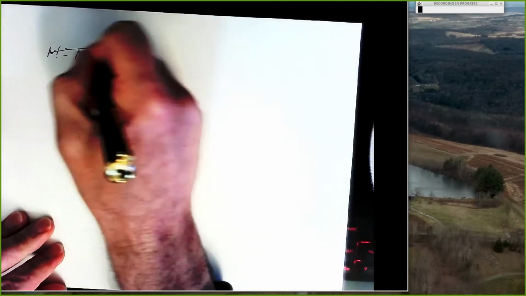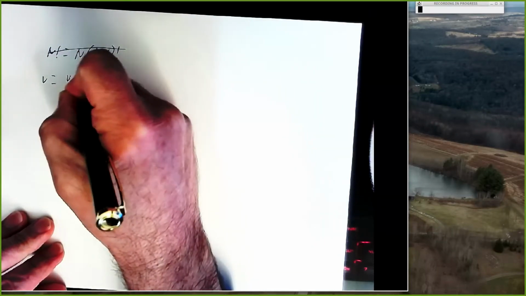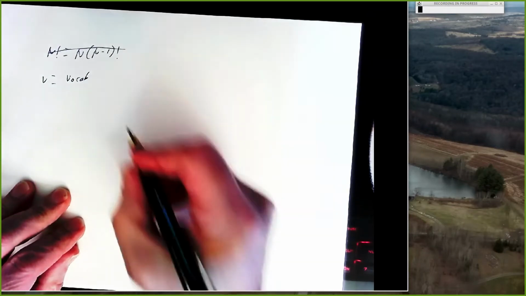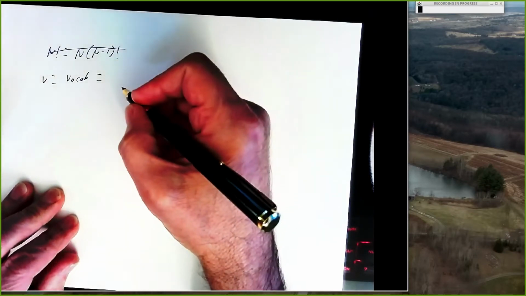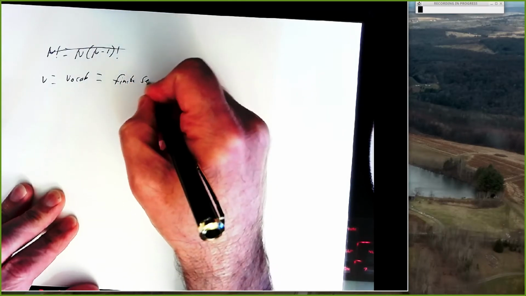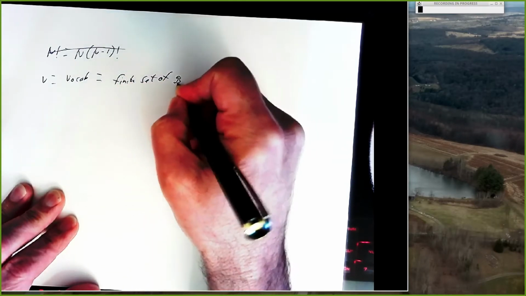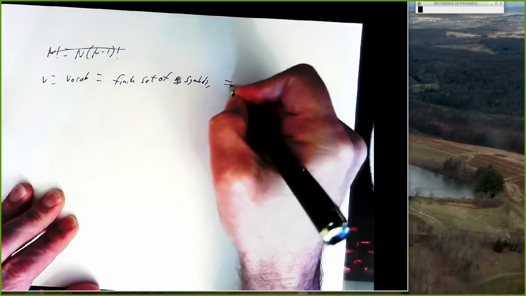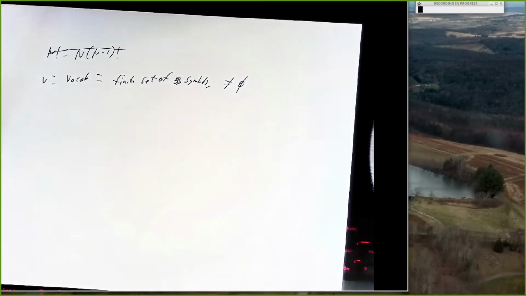So V is our vocabulary, equals a finite set of symbols, and it can't be empty, so it's not the empty set. So the vocabulary is a finite set of symbols. Think, for example, the letters A through Z.